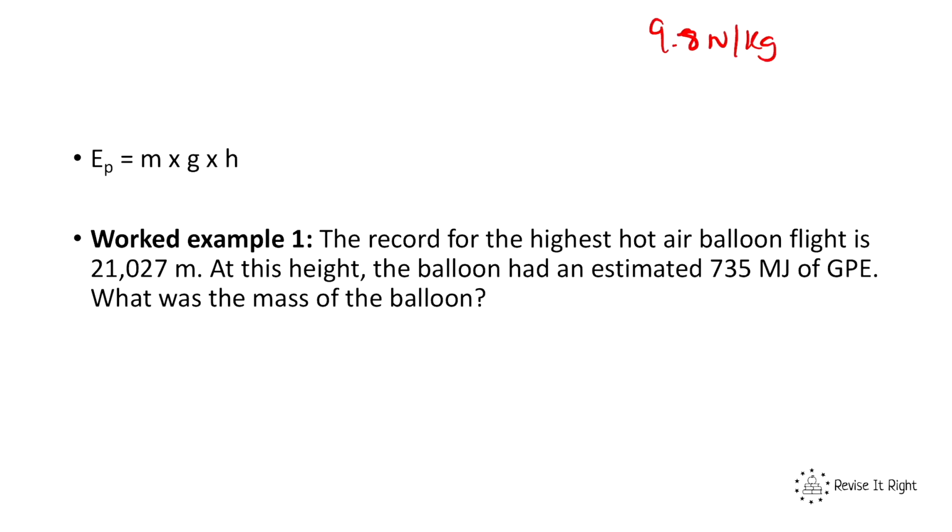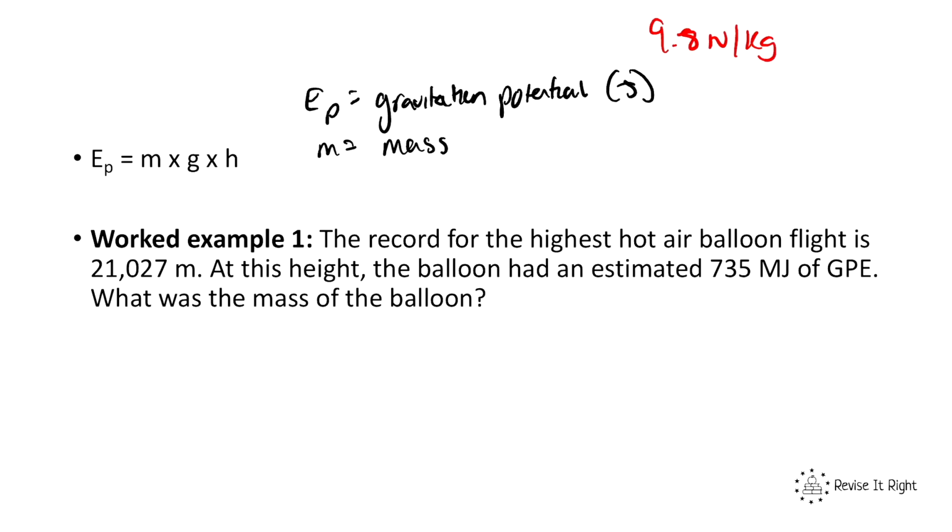So gravitational potential energy is equal to mass times gravitational field strength times height above the ground. EP stands for our gravitational potential energy, and because it's an energy, the unit is joules. M stands for mass, and our units are the kilogram.